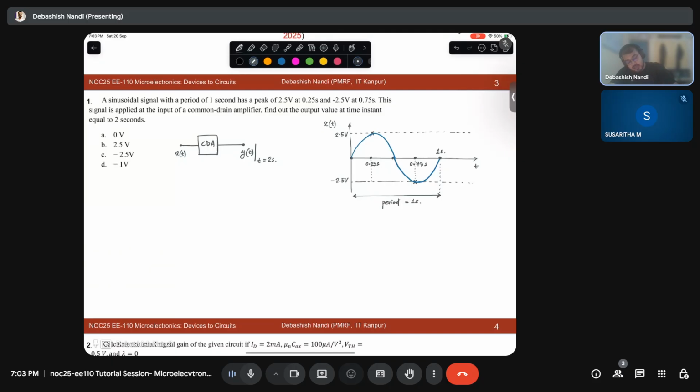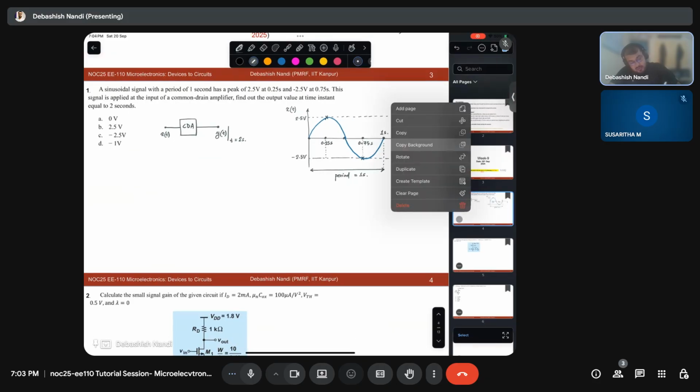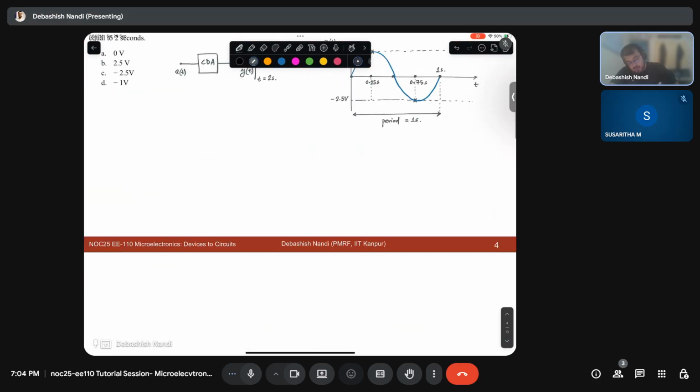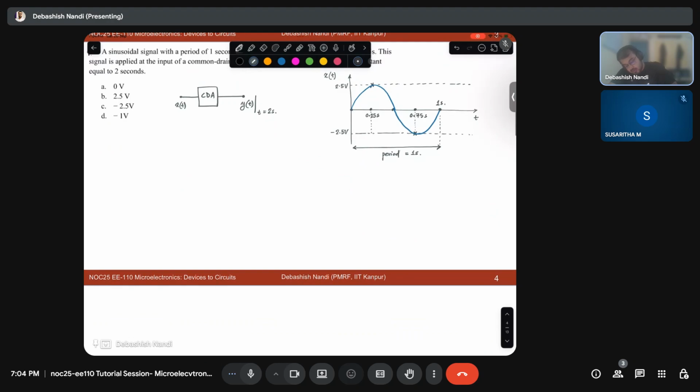Basically, let's say this is your MOSFET. It has 4 terminals: this is drain, gate, source, and this is body, right?